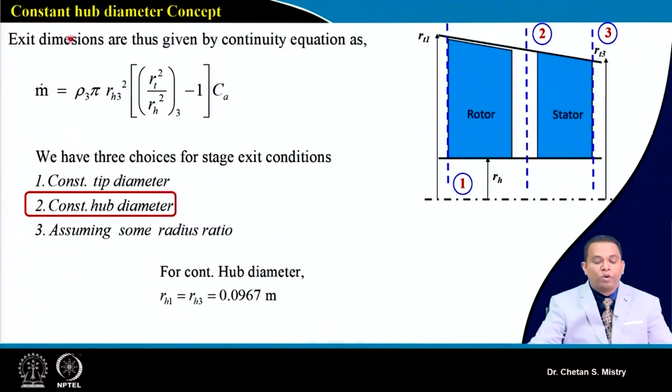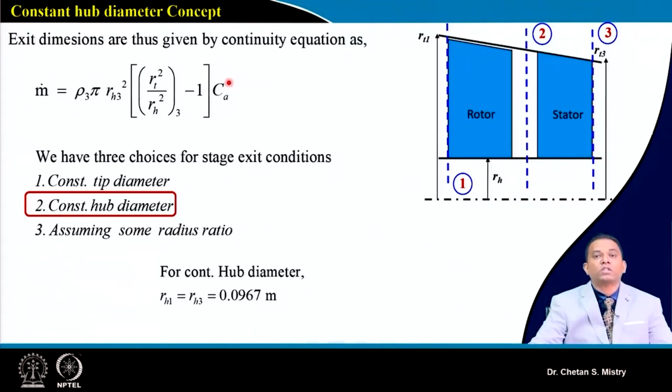We have our continuity equation based on the mass flow rate, which we can write as density into area into axial velocity. This is what we configure at the exit, so it is rho 3 pi, this is my hub diameter, and this is my ratio, into axial velocity.